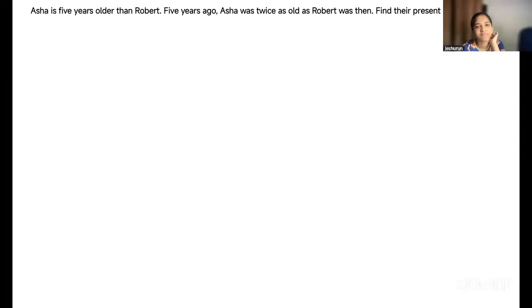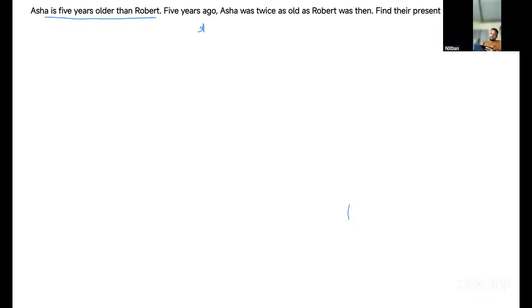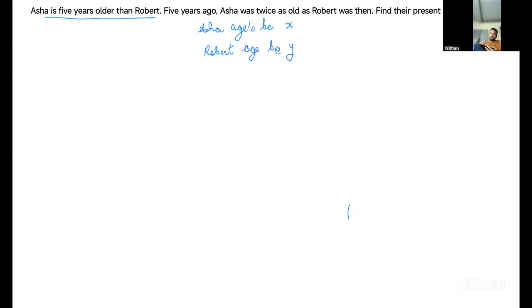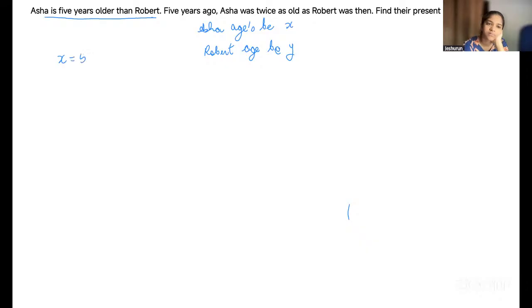Asha is 5 years old more than Robert, let's say A is equal to 5 plus R. So, we'll take Asha's age as x, and Robert's age as y. So, what are you saying now, Dishron? x is equal to 5 plus y.